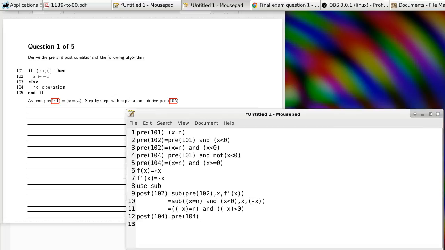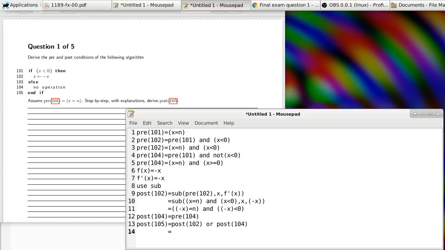So now that we have the post condition of the then branch, which is post 102, and also the post condition of the else branch, which is post 104, we can then combine those two, so we can have post 105, which is the post condition of the entire conditional statement. That becomes post 102 or post 104, and then we can expand that.